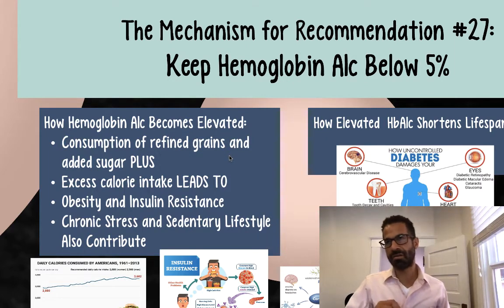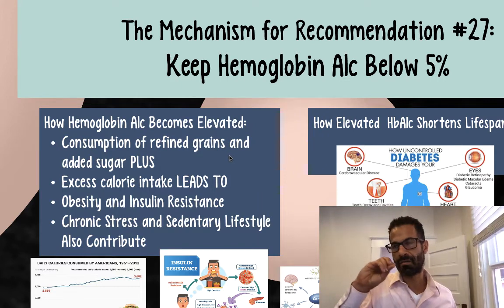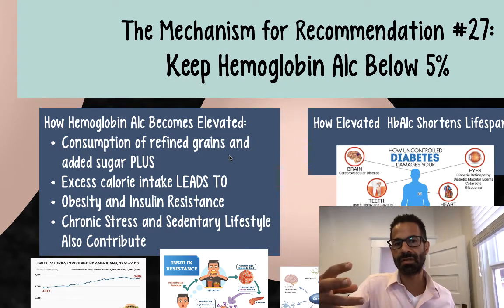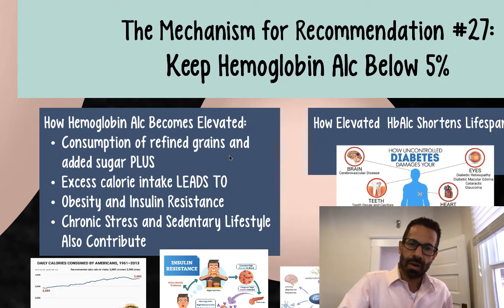So refined grains are grains without the bran and the germ. They rapidly convert to blood sugar all at once, and that causes a spike in blood sugar. The other component that raises blood sugar in the foods we eat is added sugar.